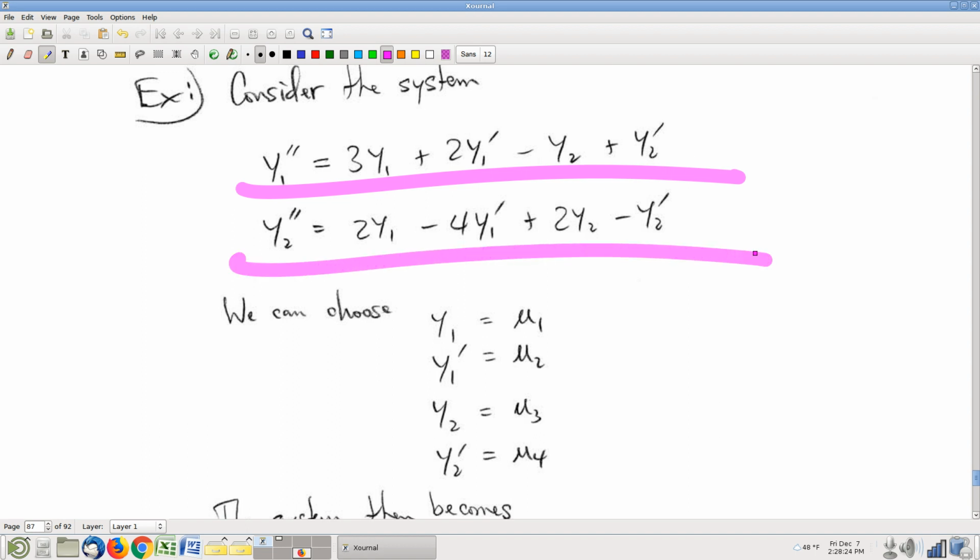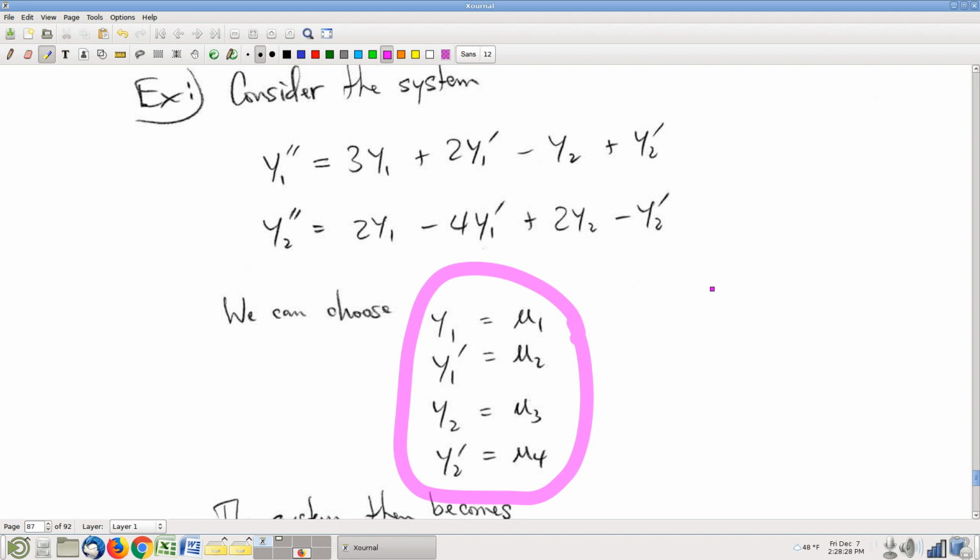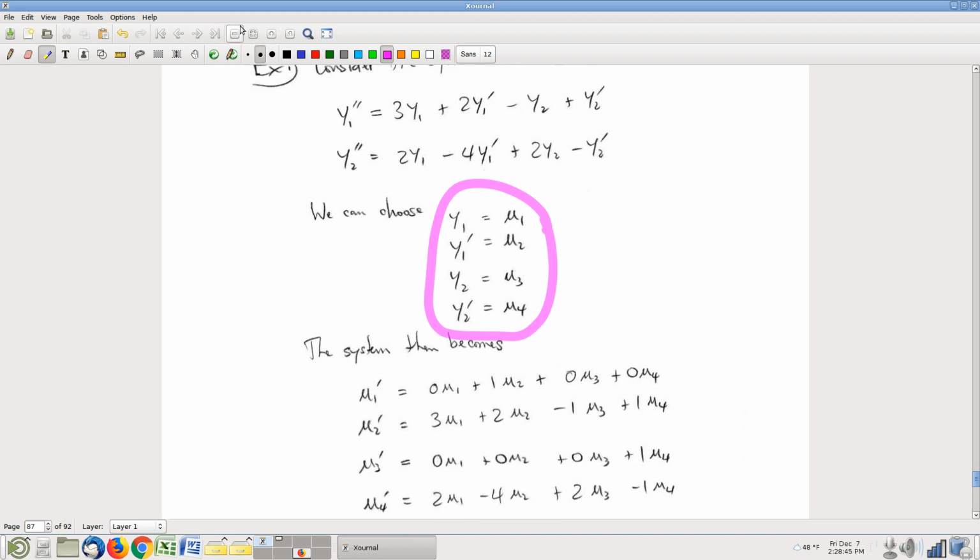Everything in here is a first derivative at most. Smart alecky observation: if you allow me to, for example, talk about first derivatives of derivatives, because that's what the second derivatives are. Okay. So apply the same trick. Rewrite everything.